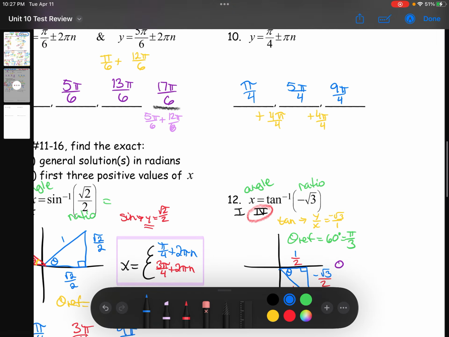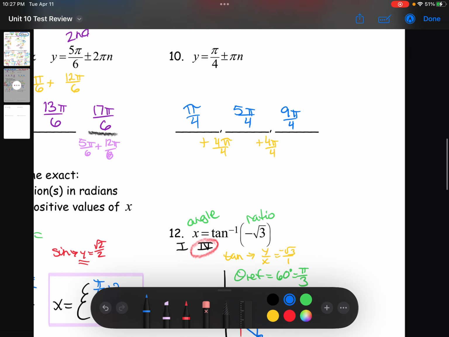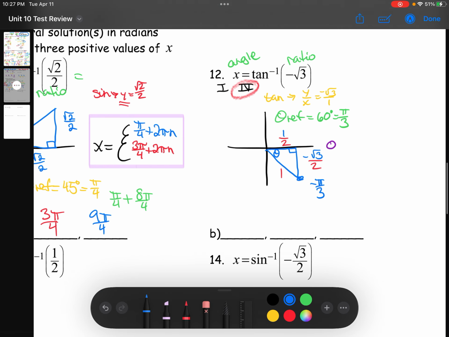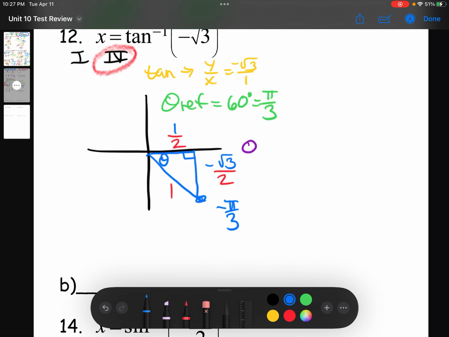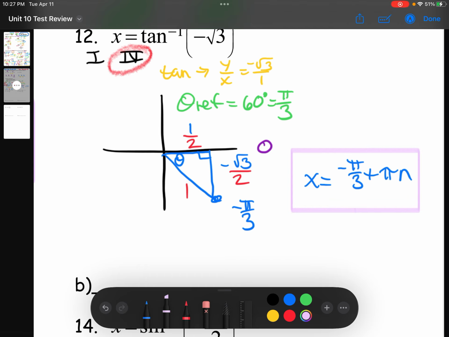Now, tangent, like we just said above, tangent's period is pi radians, and it has one general solution. So that general solution is negative pi over 3 plus pi n.